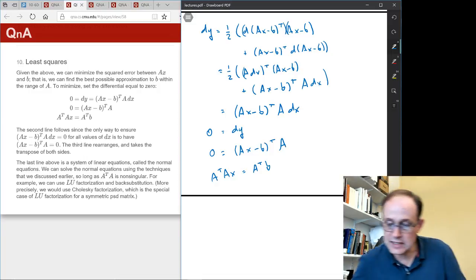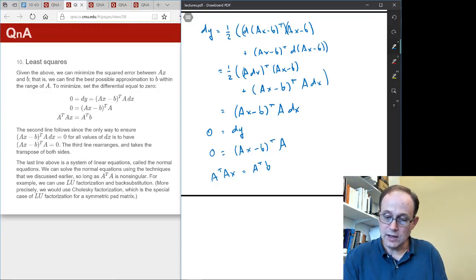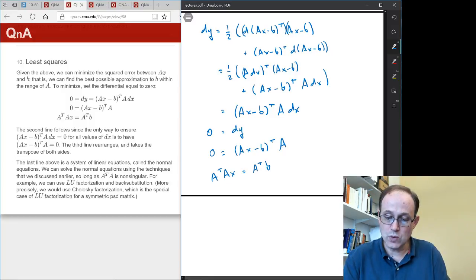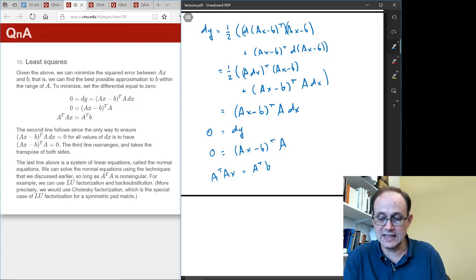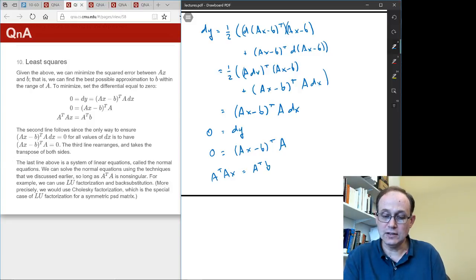So somebody is asking why these two terms are equal. So let's see. A times dx is a vector. Ax minus b is a vector. So vector transpose times vector is a scalar. Same thing here. And so for any scalar, like 3 transpose is equal to 3.